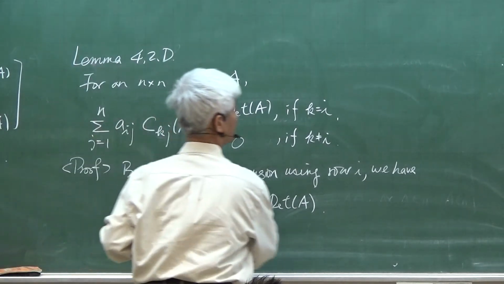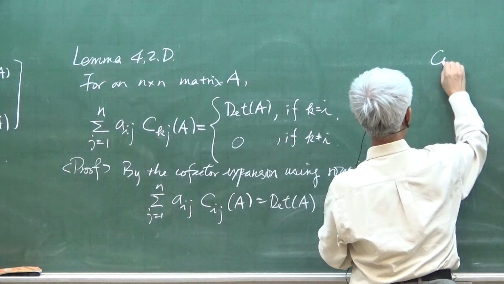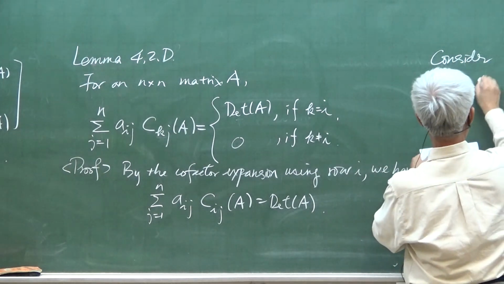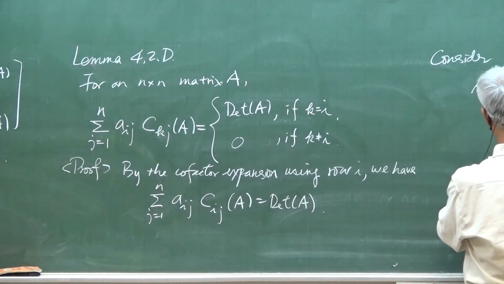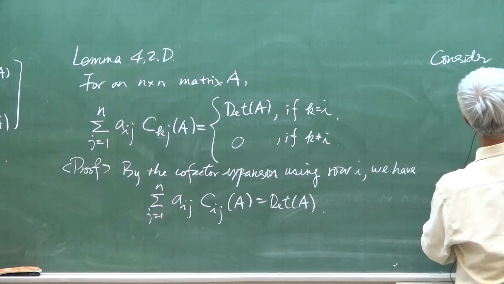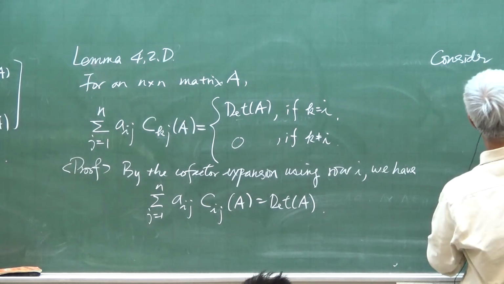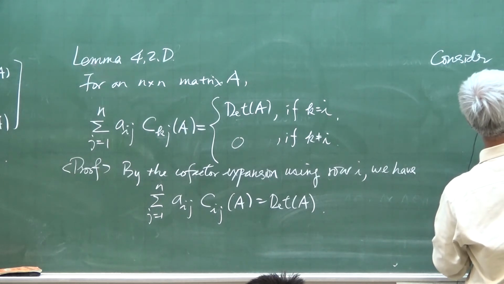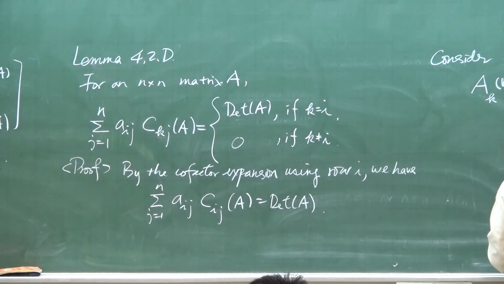Now we consider A_k(i). What is that? We replace in the original matrix A: the matrix is obtained from matrix A by replacing the kth row with the ith row.